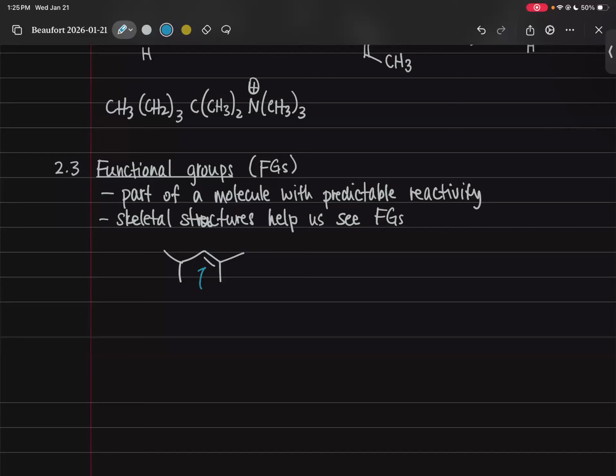So this double bond is a type of functional group. Specifically, it's called an alkene. We'll get to those specific functional groups in a moment, but okay, so we can now name that particular area of the molecule.